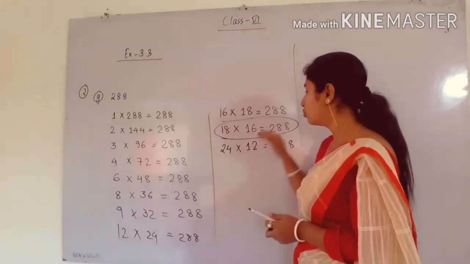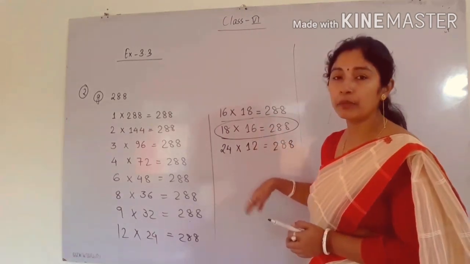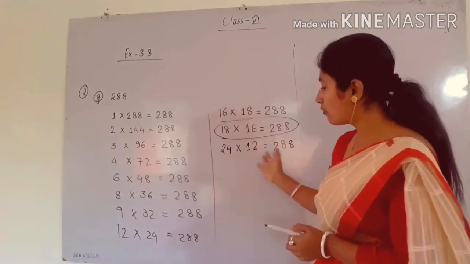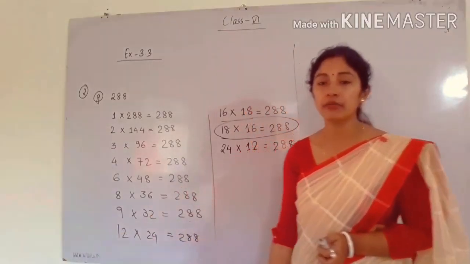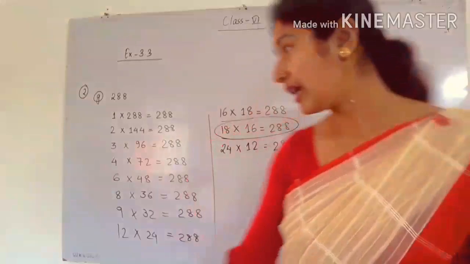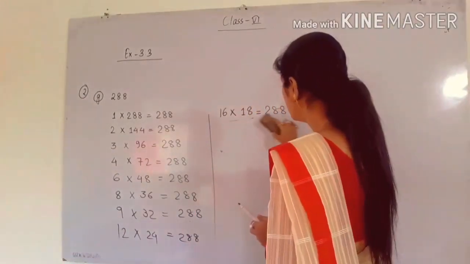So there is no need to do this step, because after this everything will get repeated. See, 24 into 12, you have already written here as 12 into 24. This is the same thing, so no need to write the same numbers. You can write the numbers up to this much.